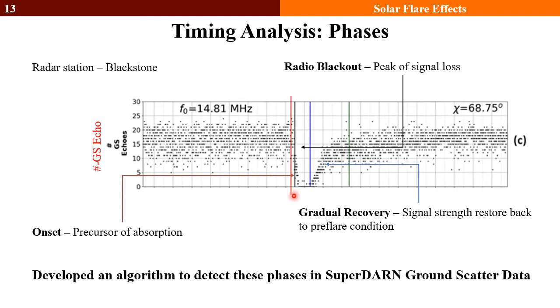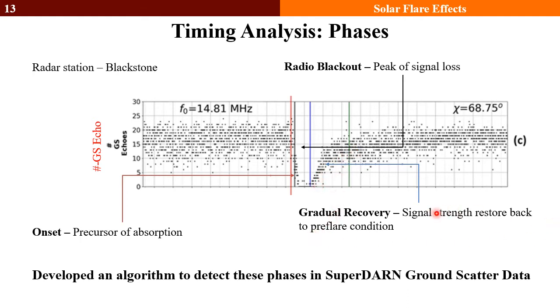Between red and black, we call it the onset or precursor of the absorption. Between black and blue, we call it the radio blackout, and from blue to green, we call it a gradual semi-logarithmic recovery back to pre-flare conditions.